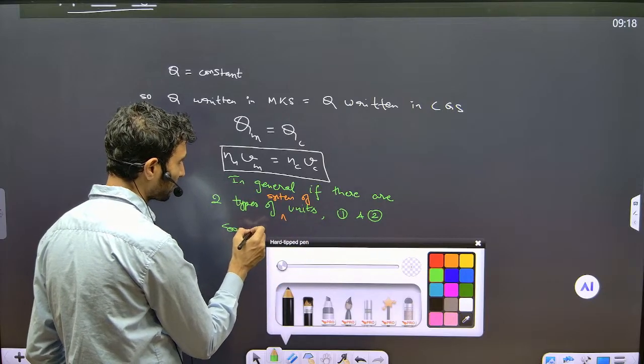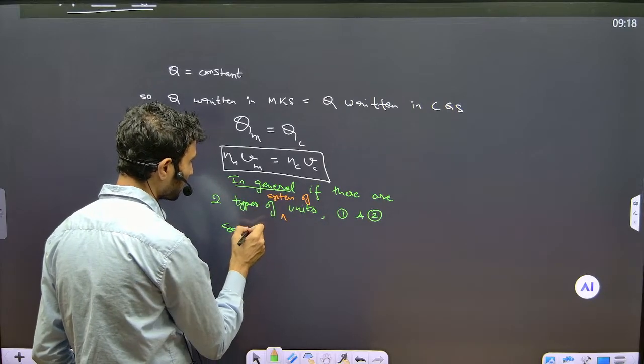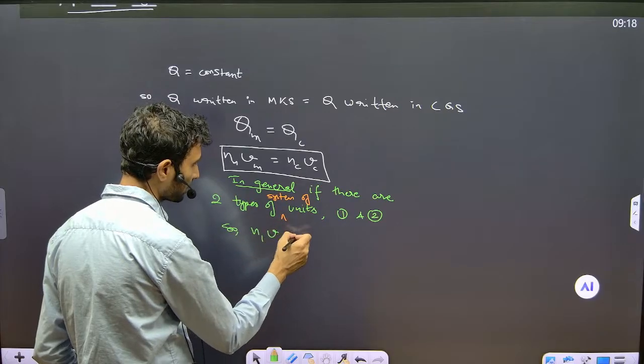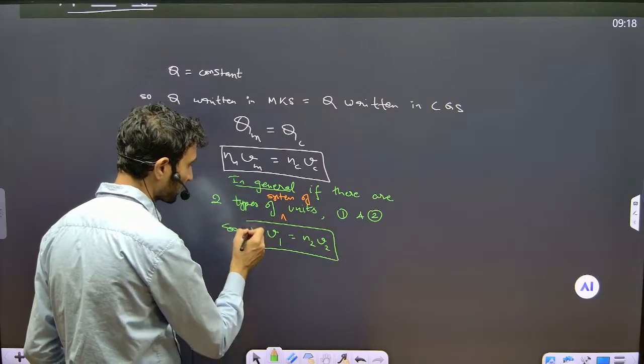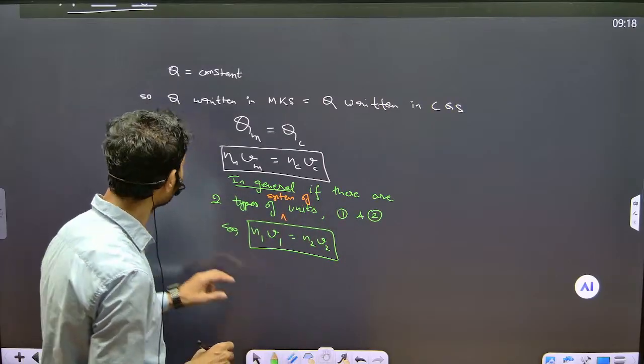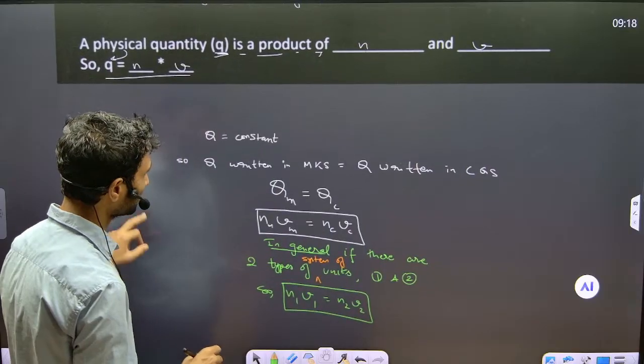So, in general, we can write it as N1 U1 equals N2 U2, right? Take this down.